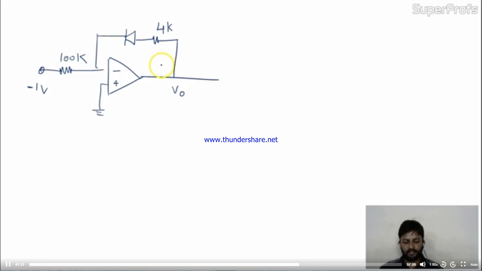Now the question is, consider the following circuit using an ideal OPAMP. The IV characteristics of the diode is described by the relation. The diode current is given by I equal to I naught times e to the power V by Vt minus 1.